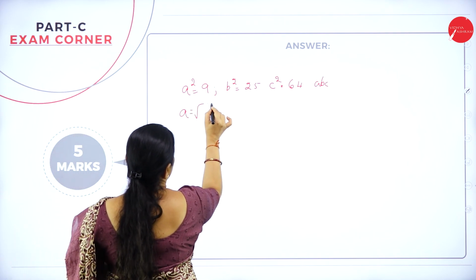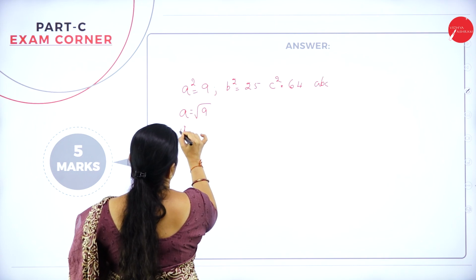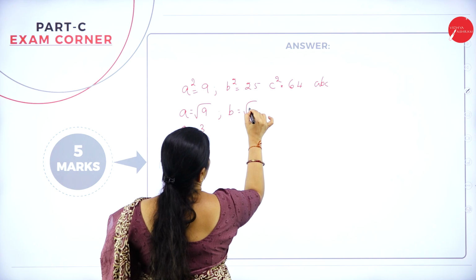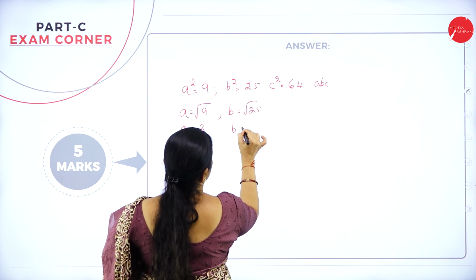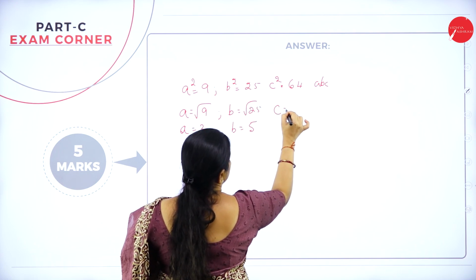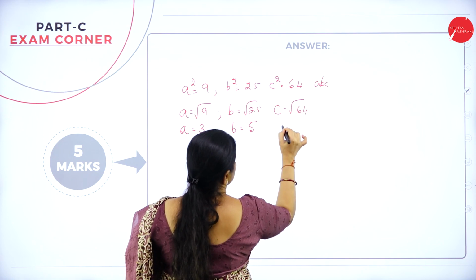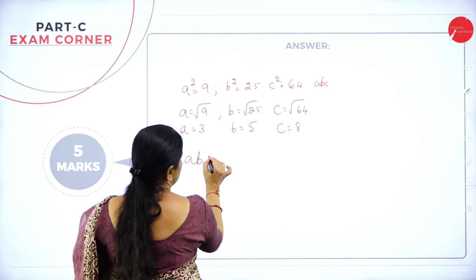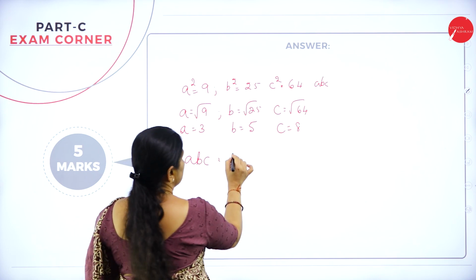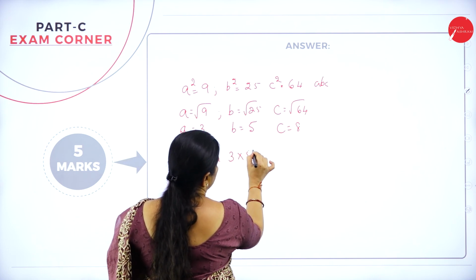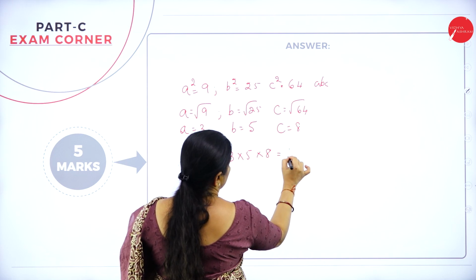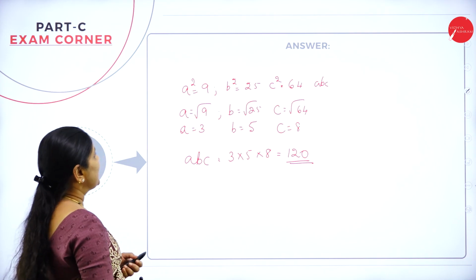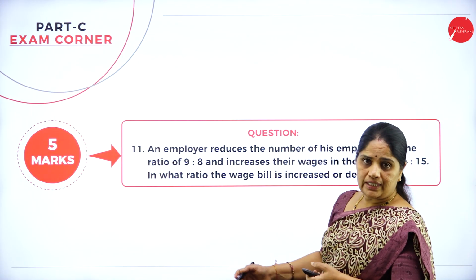So a will be root 9, a equals 3. b will be root 25, b equals 5. c will be root 64, c equals 8. So abc will be equal to 3 into 5 into 8, 40 into 3, that will be 120. Now we'll go to the next problem.